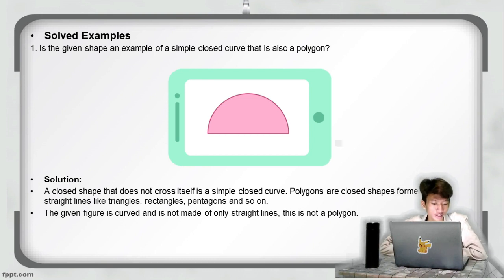Solution: a closed shape that doesn't cross itself is a simple closed curve. Polygons are closed shapes formed of only straight lines like triangles, rectangles, pentagons, and so on. The given figure is curved and is not made of only straight lines. This is not a polygon. A polygon must have just straight lines.